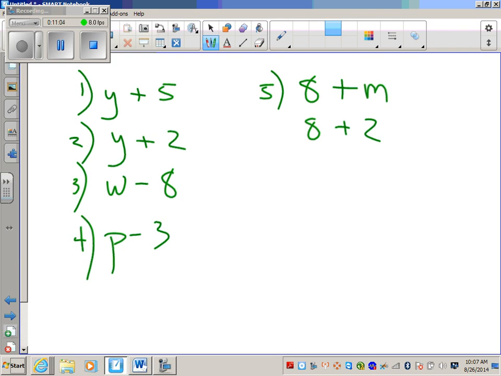Now, some of you might be saying, okay, well, for this one, does the order really matter? Well, yes and no. Because it's addition, no matter what you would put in for the variables, it's not going to affect what your answer would be.